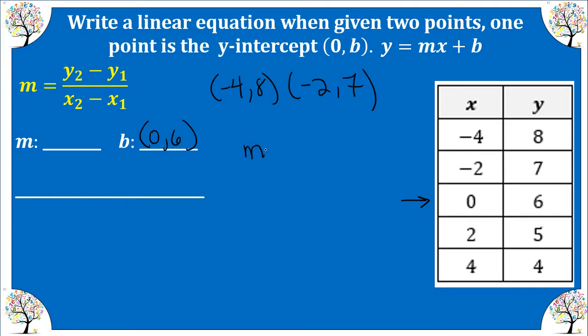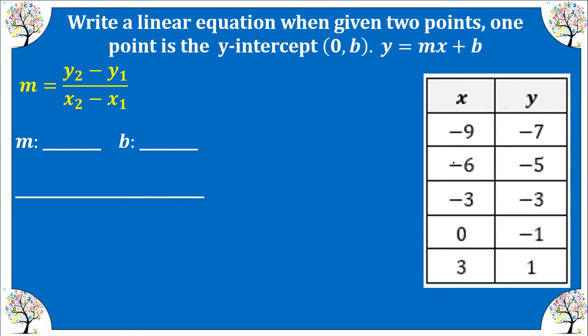And now let's use our slope formula. 7 minus 8 over negative 2 minus negative 4. We get negative 1 over 2. So my slope is negative 1 over 2. So this graph goes downhill. Put it all together, y equals negative 1 over 2x plus 6.